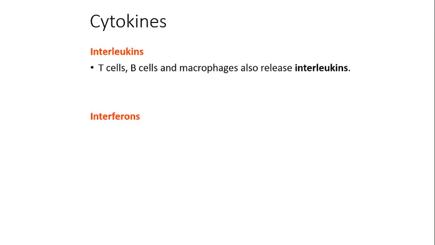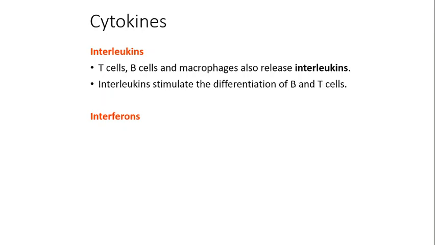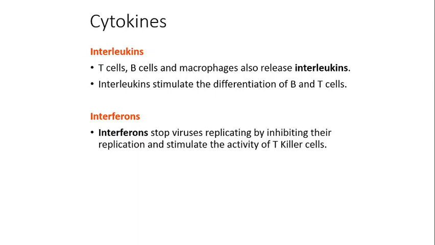Interleukins are released from B cells and T cells and macrophages, and they will stimulate the clonal expansion process. So cells will divide by mitosis and then they'll differentiate into the different cell types. And then interferons will stop viral replication by inhibiting that replication process, and they'll also stimulate the activity of T killer cells.